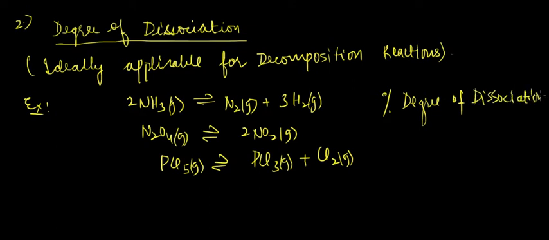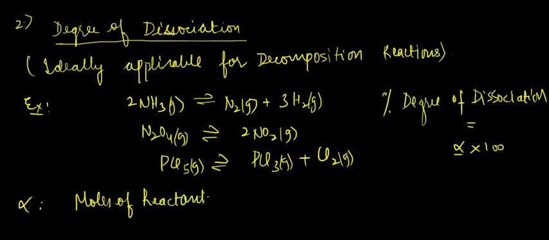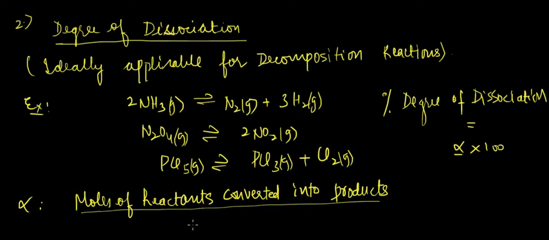Okay, so percentage degree of dissociation can be written as alpha into 100, where alpha is nothing but the moles of reactants converted into products divided by the initial moles of reactants.